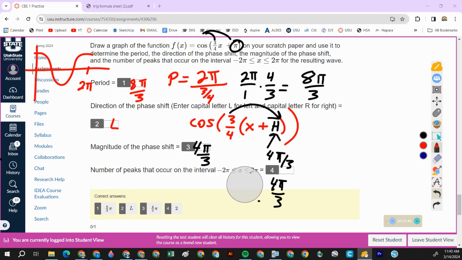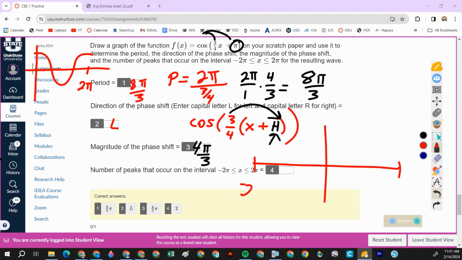Okay, now for the hard part. This is the dumbest question. This says, how many peaks are there from -2 pi to 2 pi? So here is -2 pi, and here is 2 pi. How many peaks are there? Well, where am I starting?